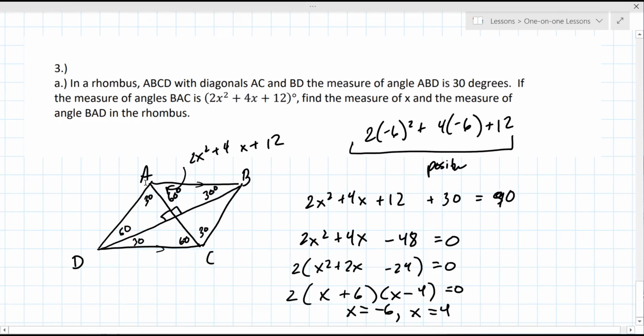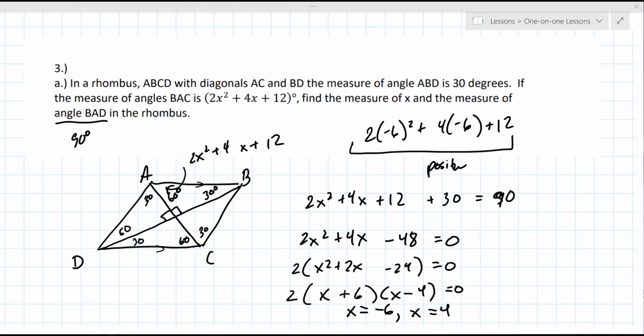It's weird. Okay. Angle BAD is 90. Okay. What does it ask for next?